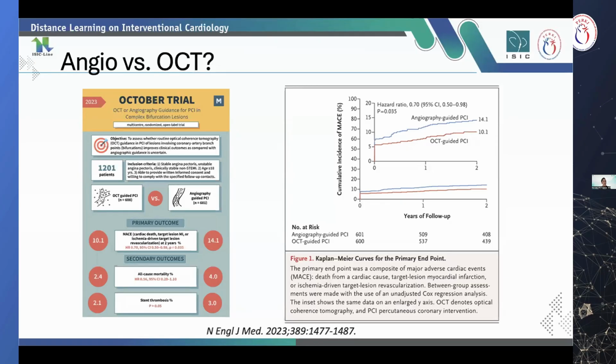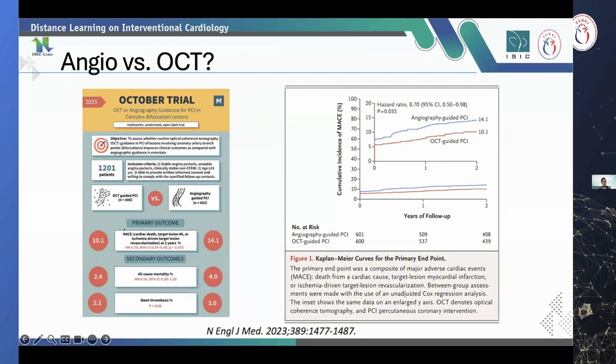At the beginning of OCT use, it was just for research, but we have been applying OCT to almost all cases of PCI. This trial clearly shows the superiority of OCT-guided PCI in the bifurcation region versus angiography-guided PCI.